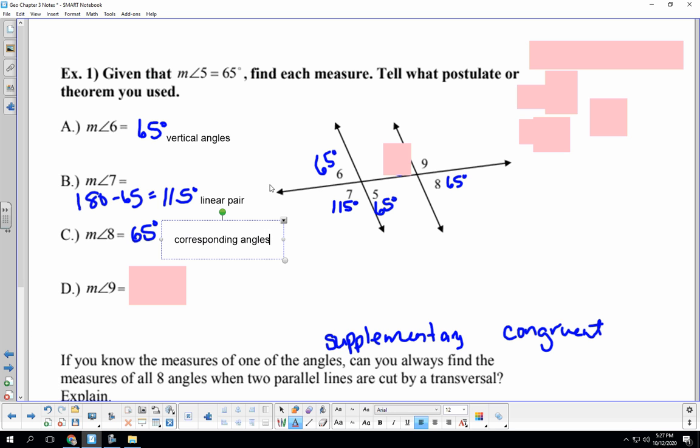I will go back after I do number 9, and I'll show you where the hamburger is. Measure of angle 9. Well, we could say he adds up with 8 to equal 180, and we've already done that. He's 115.